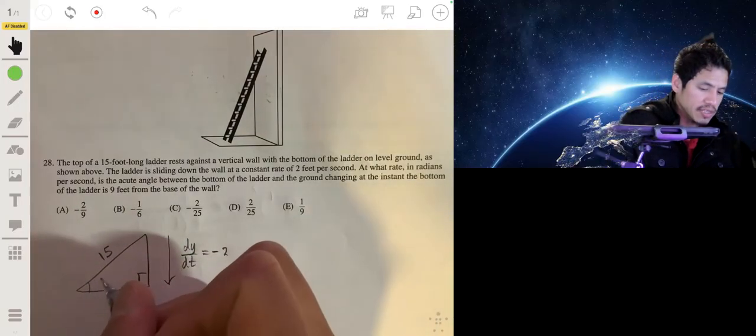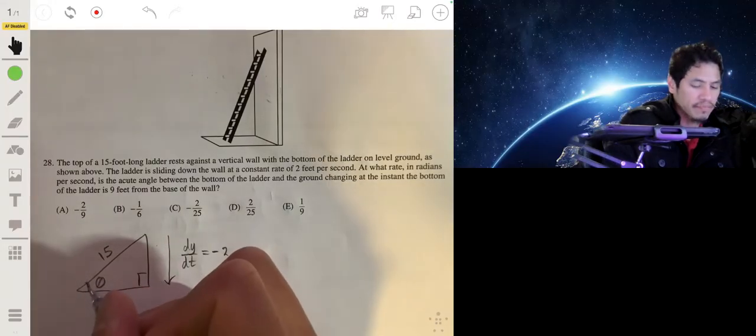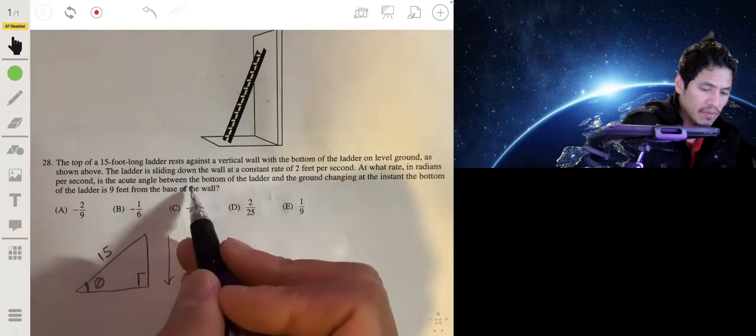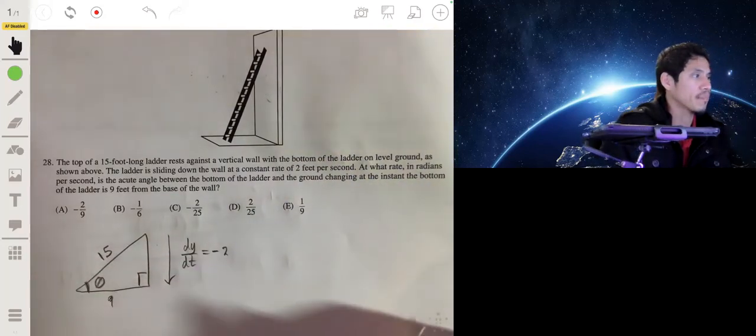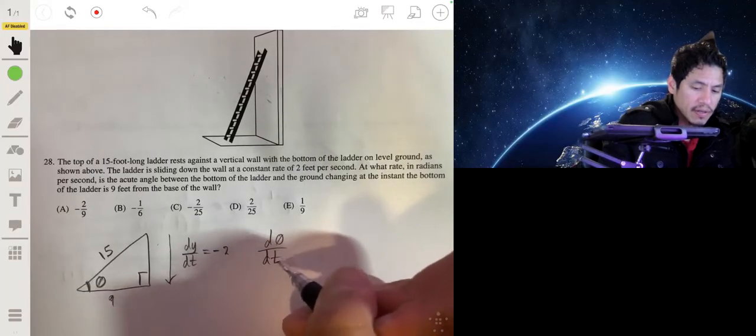So we're studying this angle here. The angle is given by this part of the triangle, and 9 feet from the base of the wall means that the base of the triangle is 9. So we want to find d theta/dt.